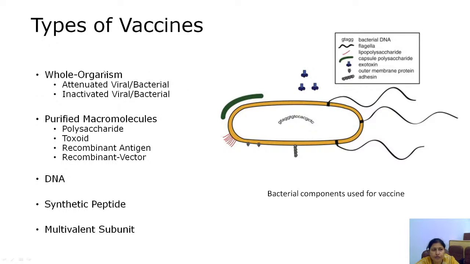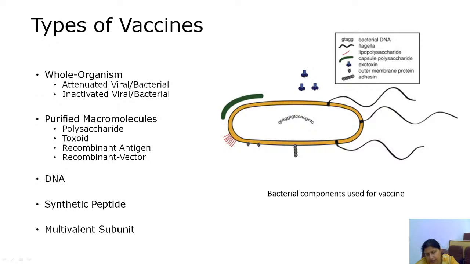Sometimes the entire organism is taken to prepare the vaccine. In this scenario, we usually attenuate the viral or bacterial part so that it decreases the virulence but the antigenicity stays, or it can be inactivated.